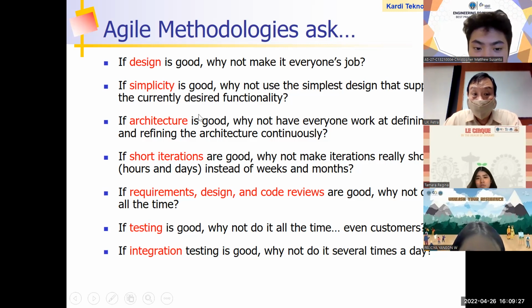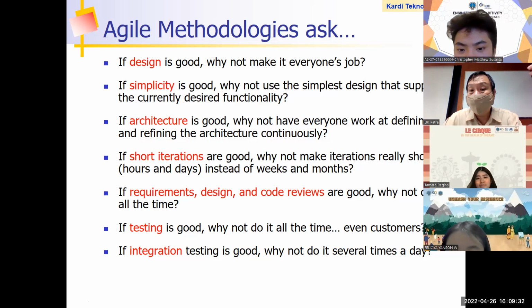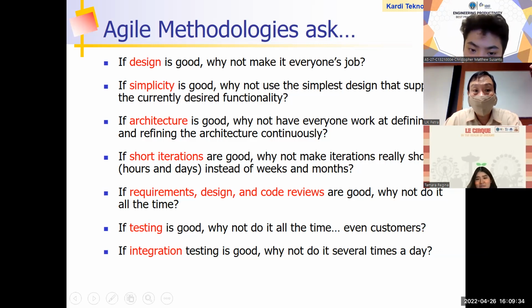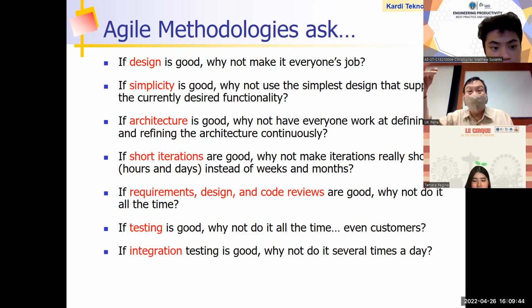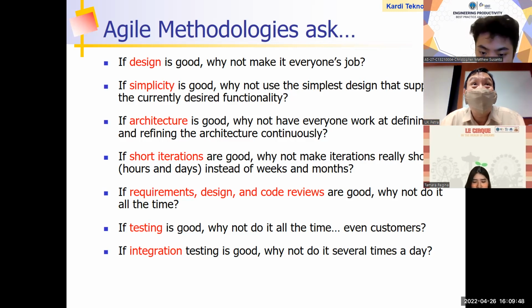Next, if simplicity is good, why not use the simplest design possible? Because there is no specialization, the risk of one expert developer going out of your team is no more.